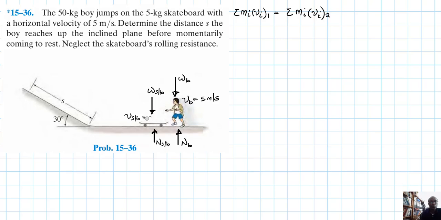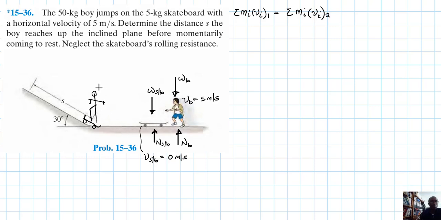So the velocity of the skateboard is equal to 0 meters per second. We expect the skateboard to move somewhere here, like so.